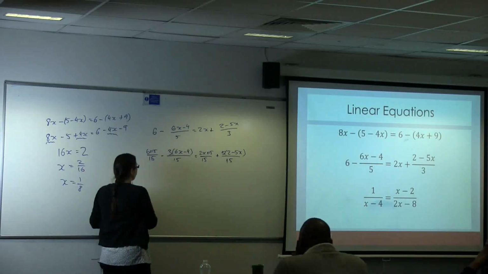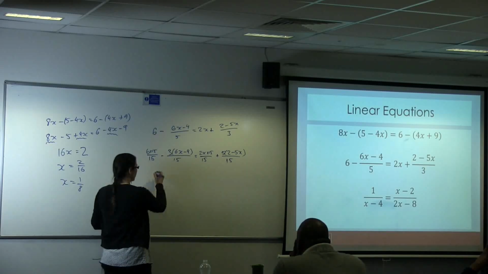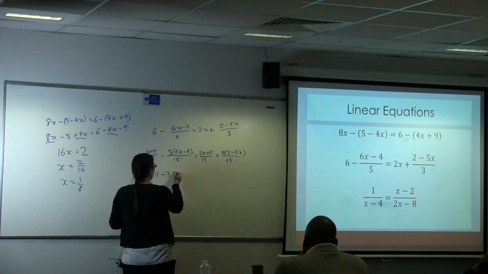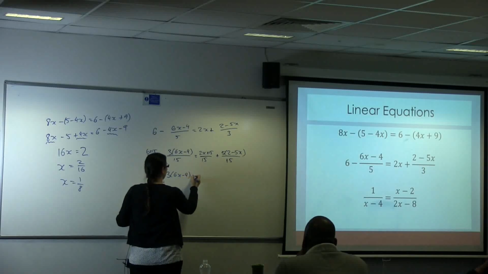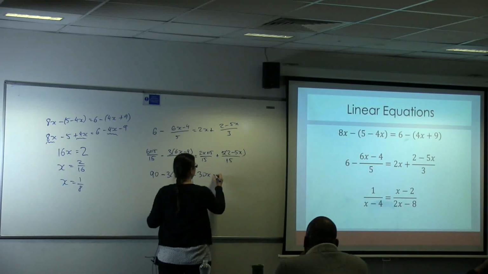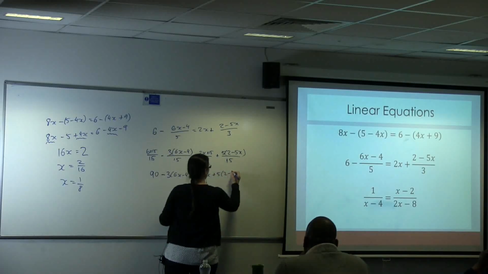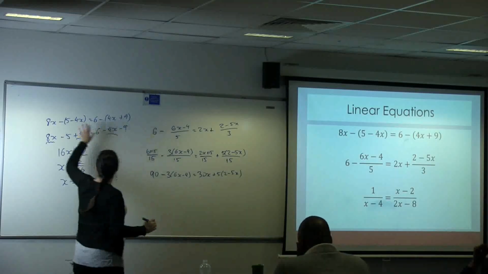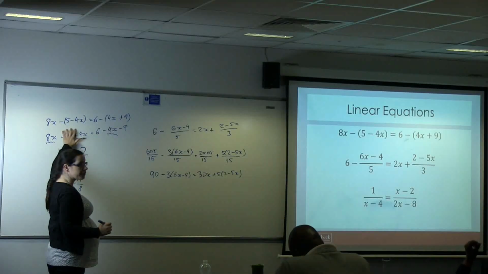So 6 times 15 is 90. 6 times 2 is 60, 6 times 3 is 30, so that's 90, minus 2 times 15 is 30, and from this point on it is exactly what we've done in here.